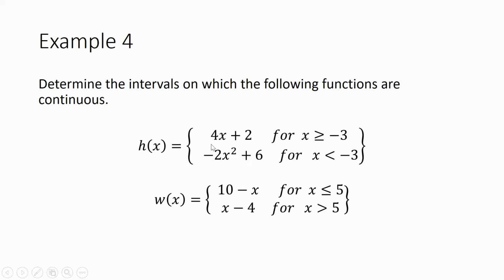And so I know they're going to be continuous when x is bigger than -3, because that's just a polynomial function. When x is less than -3, well, that's just a polynomial function. So the only place that h of x could possibly have a discontinuity is when x is equal to -3. So let's check that out.